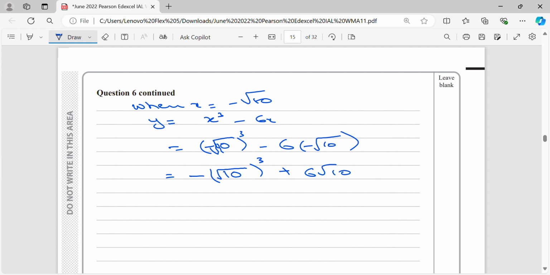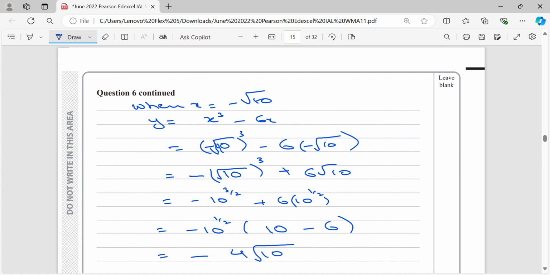Right, now I can write it as minus 10 raised to power 3 over 2 plus 6 into 10 raised to power 1 over 2. So what do I take common? I can take common minus 10 raised to power 1 over 2, the same procedure that I did in the first part. So this will be positive 10 and this will be negative 6, and that is minus 4 root 10.